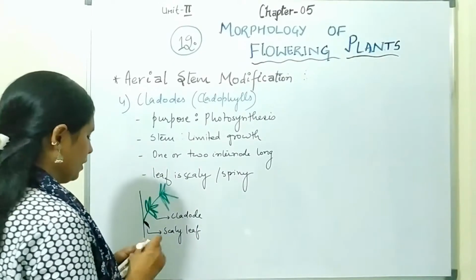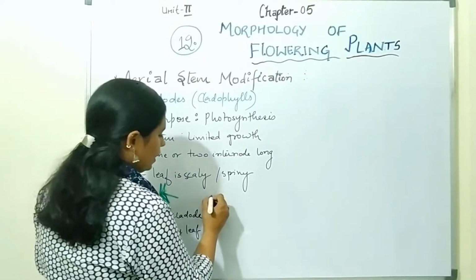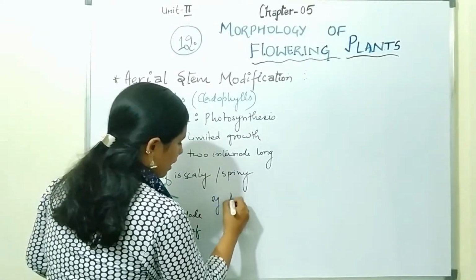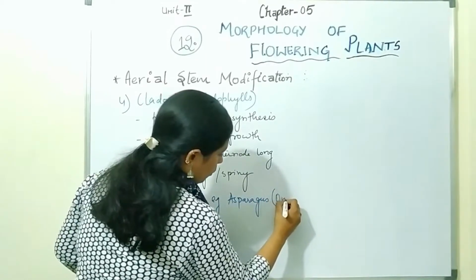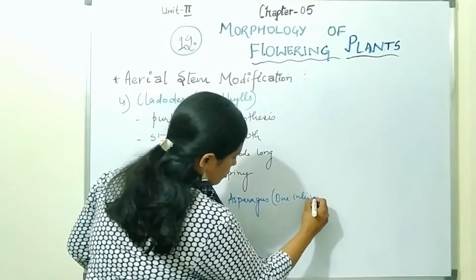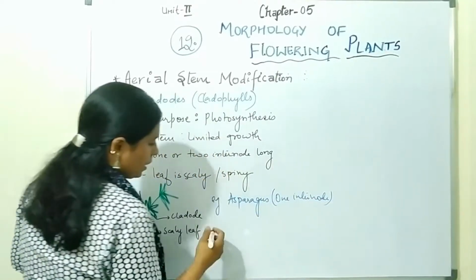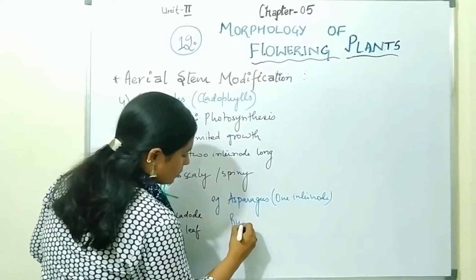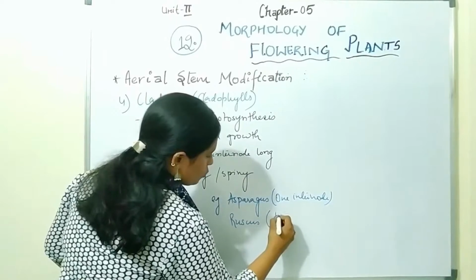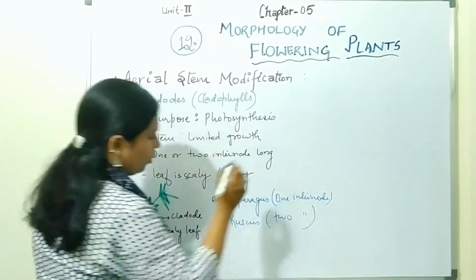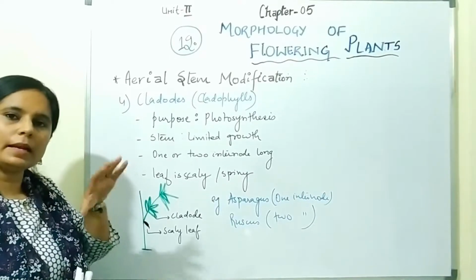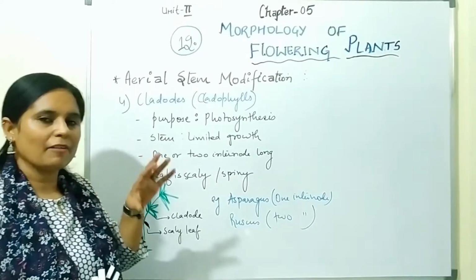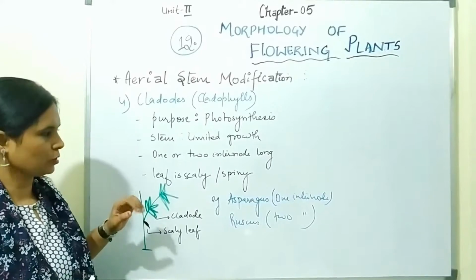Okay, so if you see examples, asparagus is having just 1 internode long stem, and ruscus is 2 internodes long. So this is about cladode. Phylloclade and cladode both are modifications for the purpose of photosynthesis.